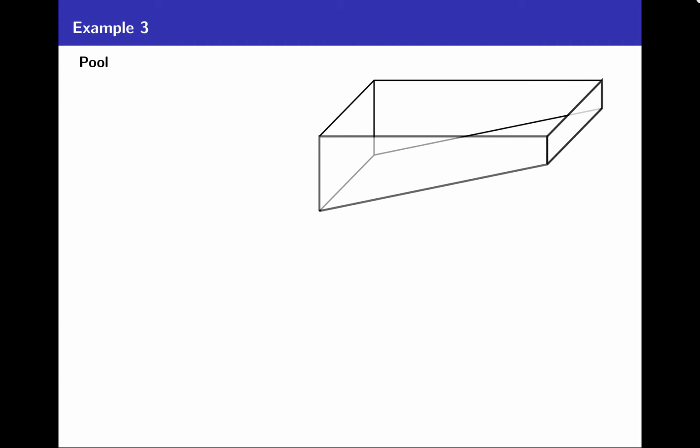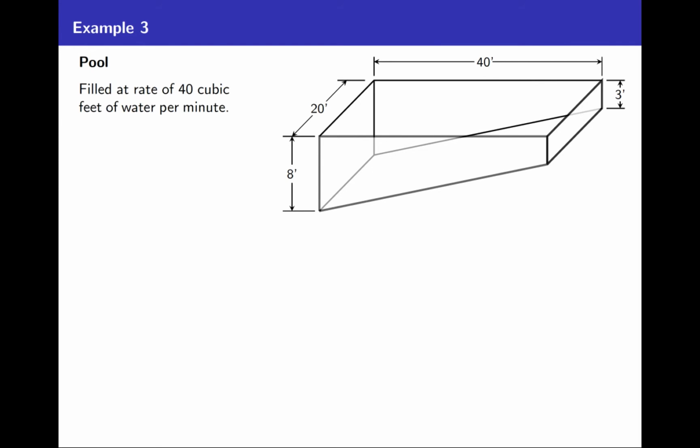Our next example involves a swimming pool, as illustrated here. It's 8 feet deep at the deep end, it's 20 feet wide, it's 40 feet long, and it's 3 feet deep at the shallow end. And this pool is being continually filled with water at a steady rate of 40 cubic feet of water per minute.